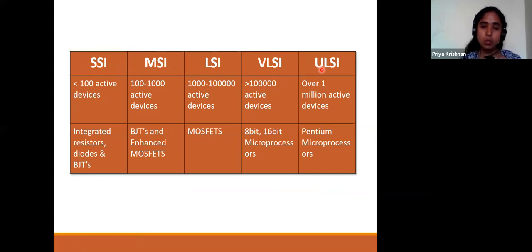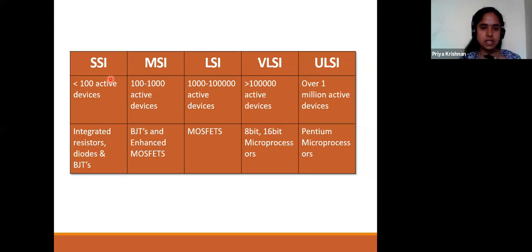So this is how many components I can occupy inside a single semiconductor chip, that is a single IC. The IC can be an op-amp IC like 741, or it can be a digital IC, or it can even be a controller IC. So it falls under any of these categories.